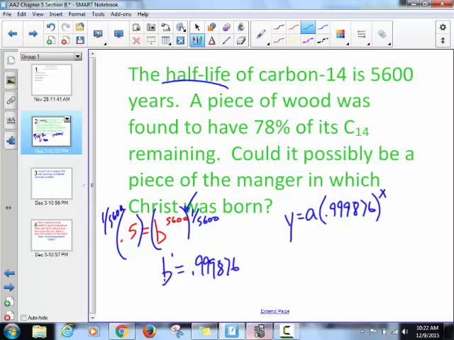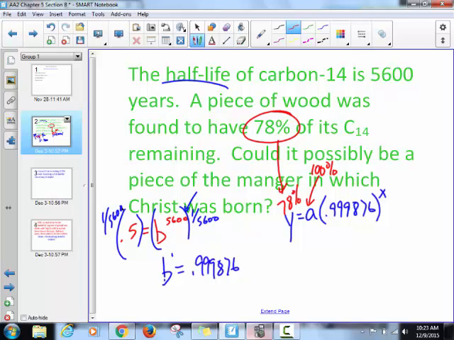And now we're looking at the wood that was found had 78% left. So just think, what would its initial have started with? Well, if it hasn't lost any of its carbon-14, it's got 100% of its carbon-14, correct? And now it's at 78%, so that's its new, right?